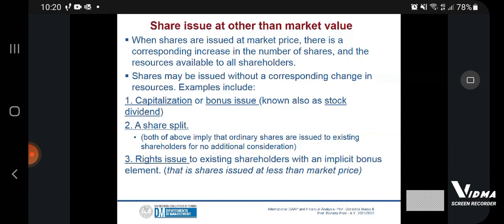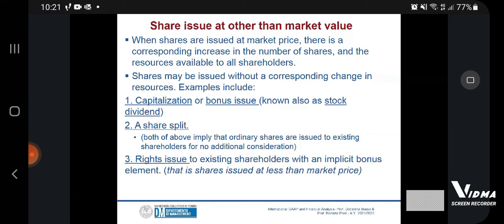So all these movements, all these transactions, have an impact on earnings per share because usually they increase the number of shares while causing nothing, or something really very small, to the earnings figure. Remember, earnings per share is the ratio between earnings and shares. If you increase shares but earnings are the same, earnings per share will decline.